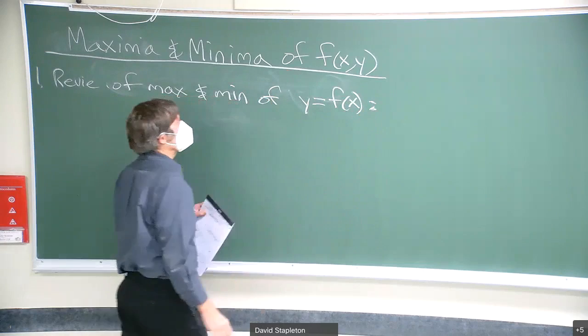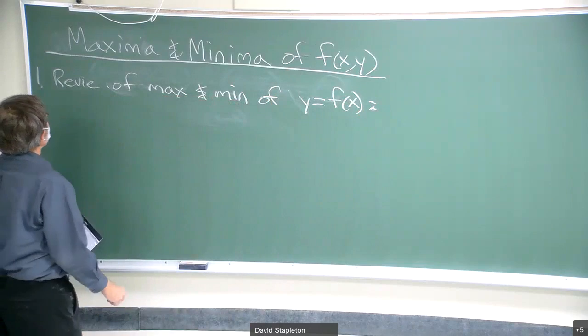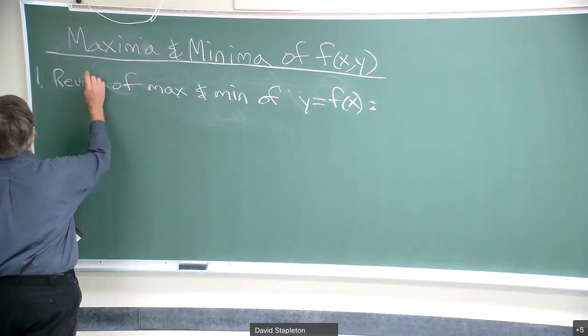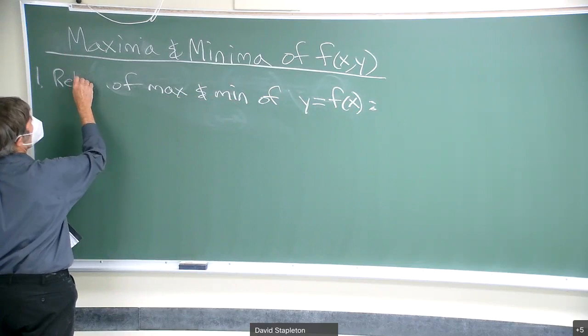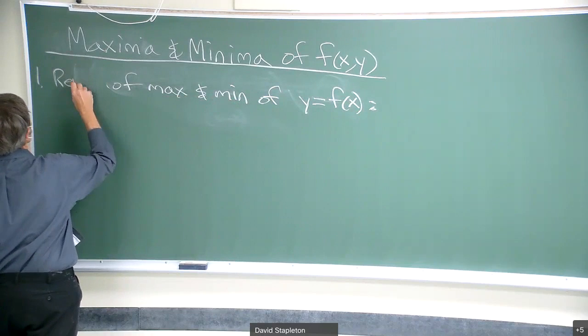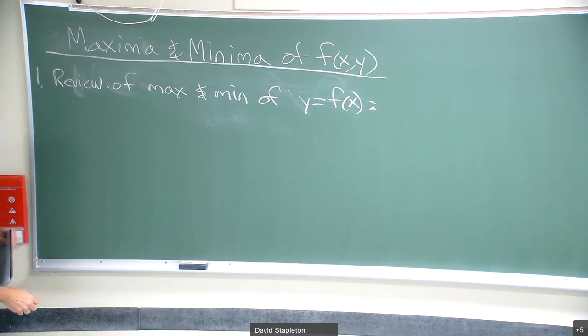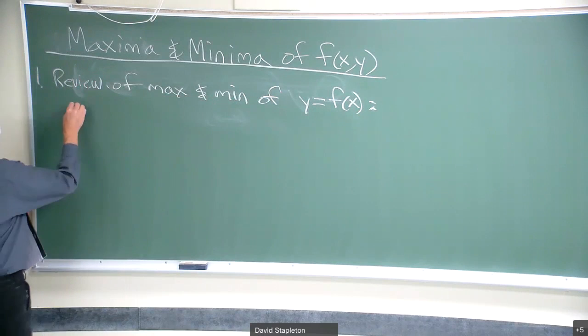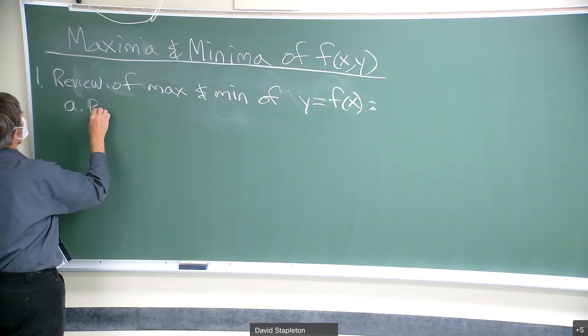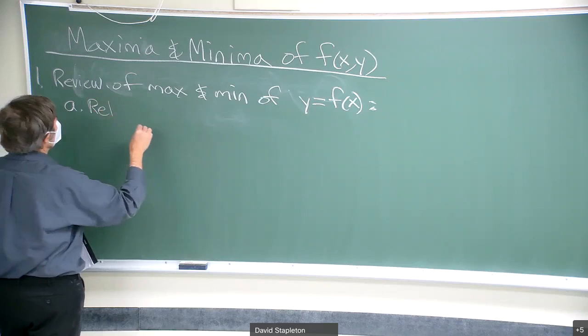What did we say about finding local, relative extrema? A review, excuse me. What did we learn about functions of one variable? Well, let's see. Suppose we're looking at relative extrema, relative max or min.